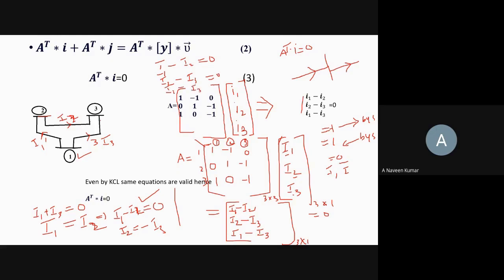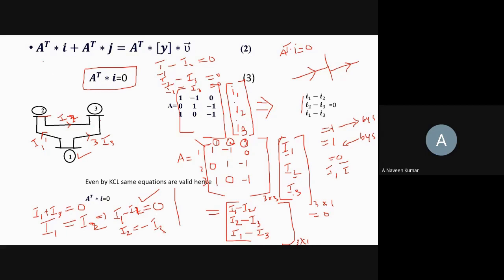So my intention is, in order to calculate the branch currents I1, I2 and I3, this equation should be valid: A transpose into I is equal to 0. Then only it is possible to calculate I1, I2, I3 values. Right or not? Yes, sir. If we make A transpose into I equal to 0, then it is possible to calculate the unknown branch currents I1, I2, I3.